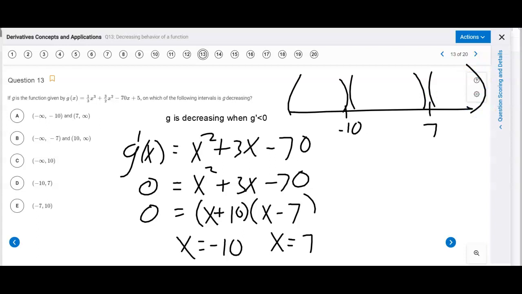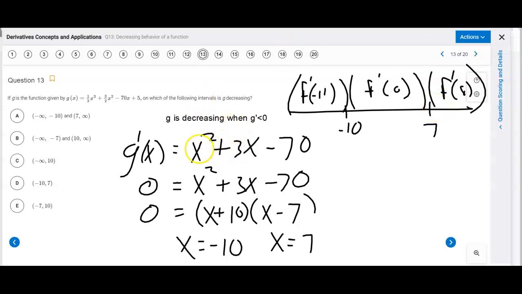So I'm going to plug in a number to my derivative that's less than negative 10, so like we'll say negative 11. And then we'll plug in a number between negative 10 and 7. Let's go ahead and do 0. That's always a nice one to plug in. And then 8. All right. We're going to plug those numbers into our derivative.